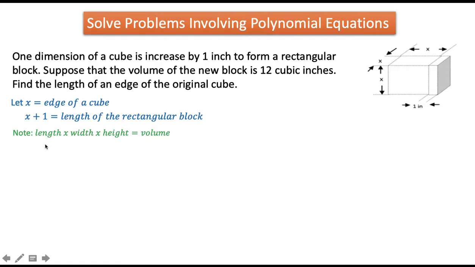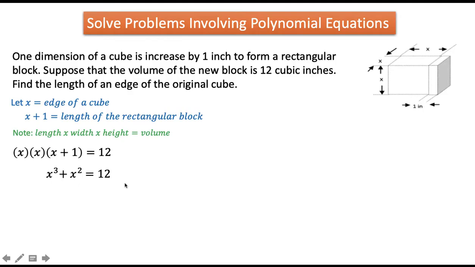So by substitution, multiplying the three dimensions, x times x times x plus 1 is supposed to be equal to 12. If we simplify this, x times x is x squared, then distribute x squared to each of these terms: x squared times x is x cubed, x squared times positive 1 is x squared.